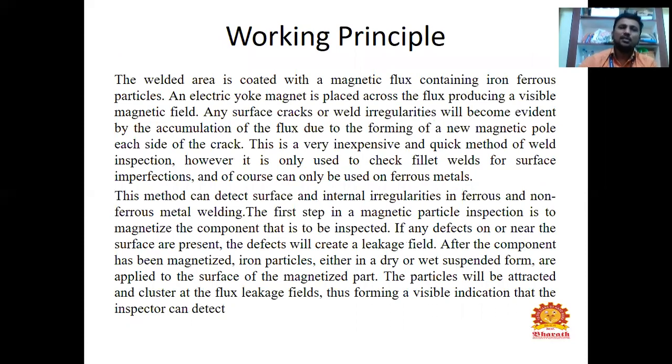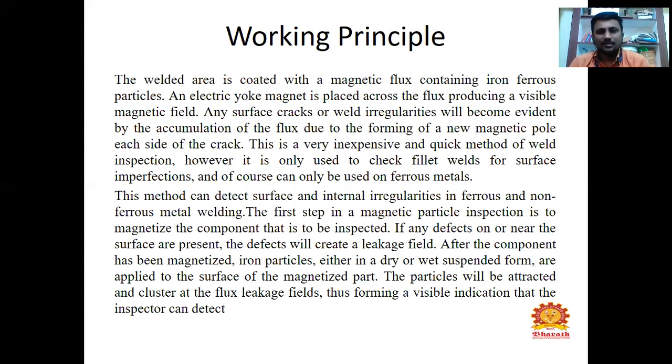Now the working principle of this method. The welded area is coated with a magnetic flux coating containing iron ferrous particles. The electric yoke magnet is placed across the flux, producing a visible magnetic field.